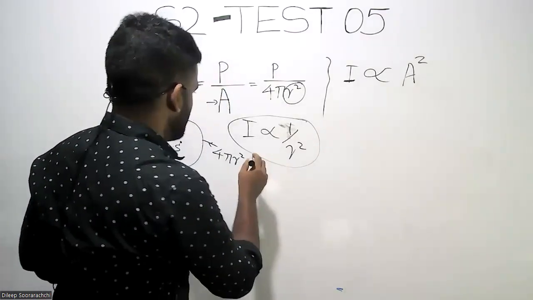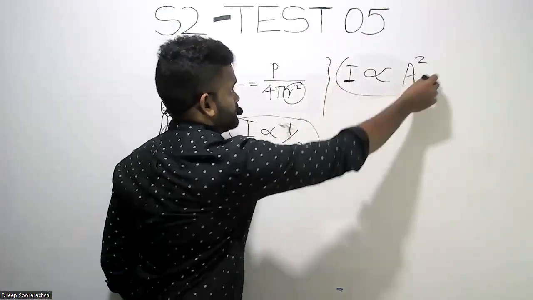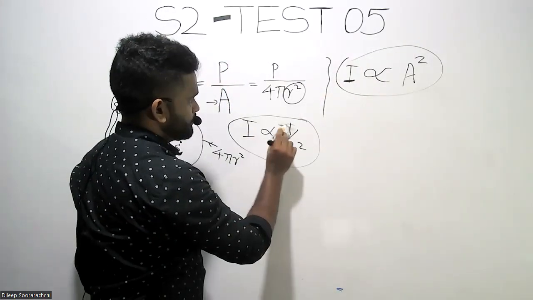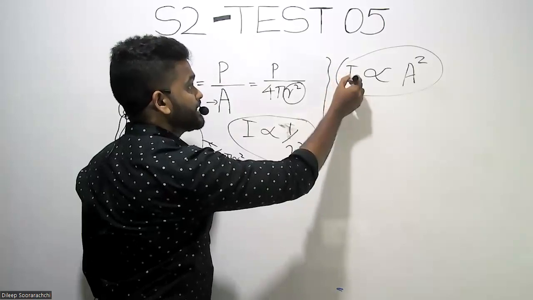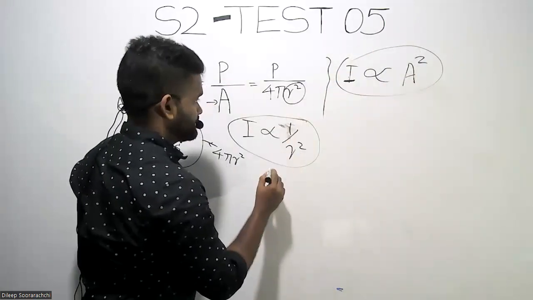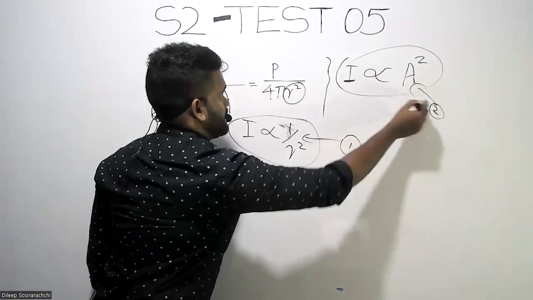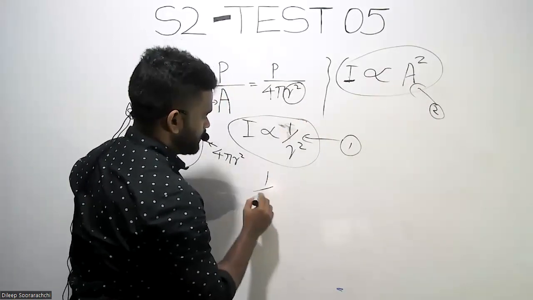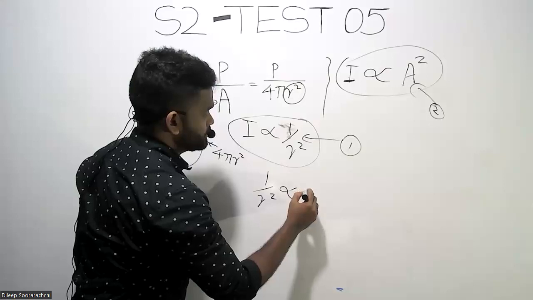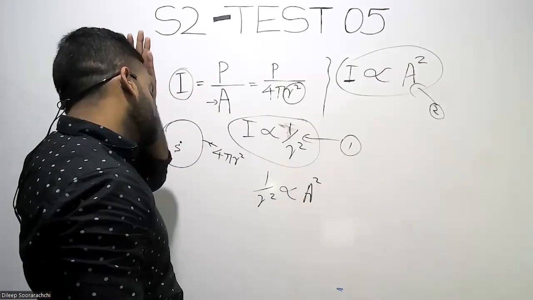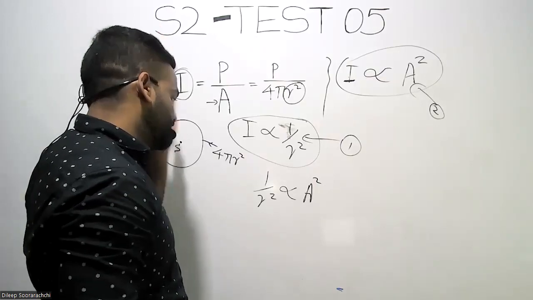Okay. So if you combine these two, intensity is proportional to 1 over r squared, intensity proportional to amplitude squared. So these two, you can say 1 over r squared is proportional to A squared.